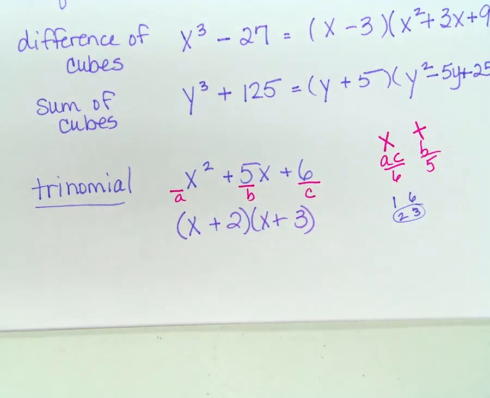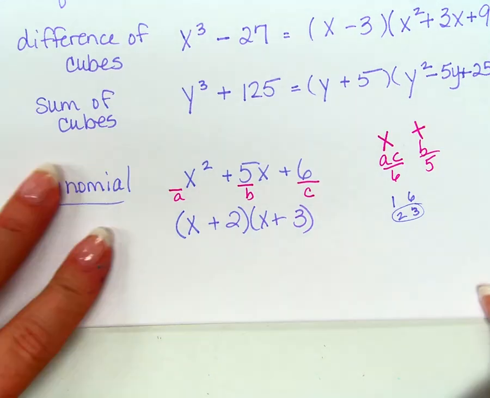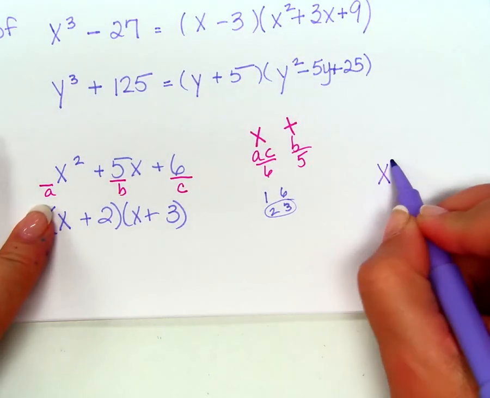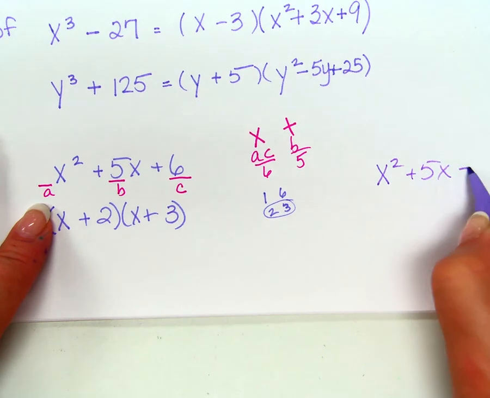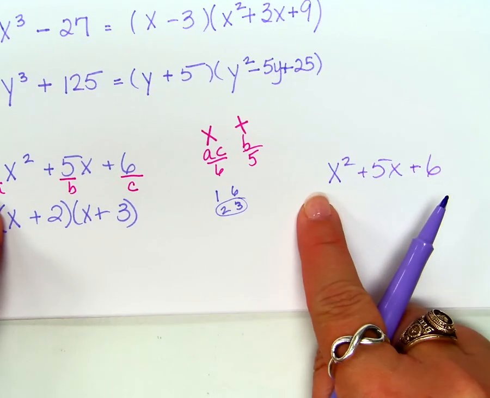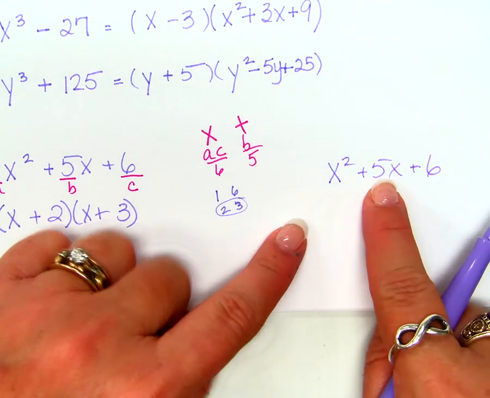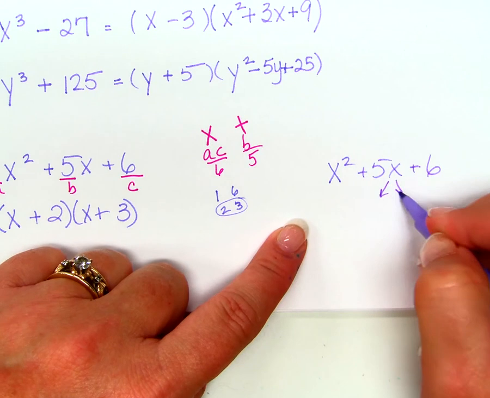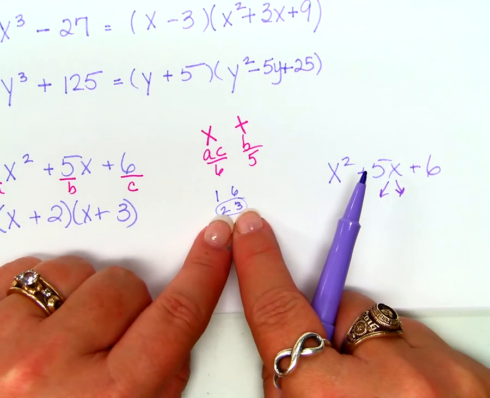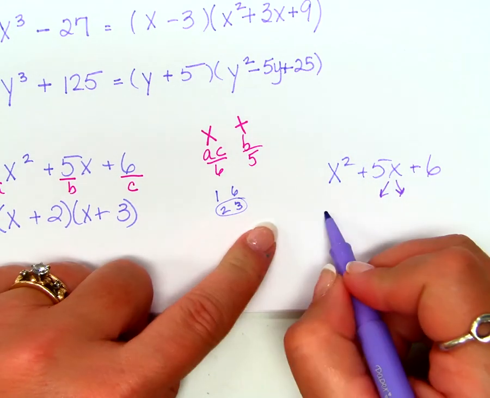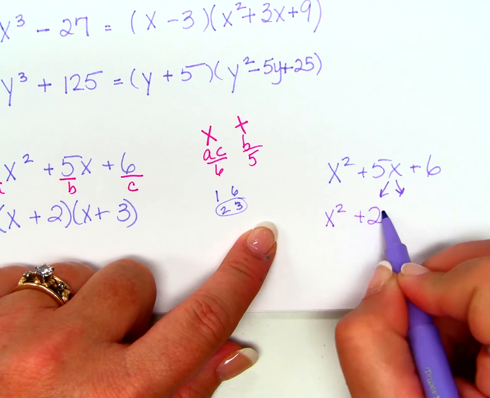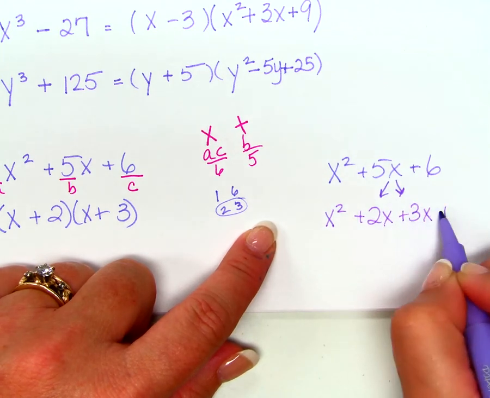If A is not 1, do you remember what we had to do? Okay, so if we started with x squared plus 5x, we're just pretending for a second that A is not 1. We all know that A is 1. We had to split this middle term into two parts. And these two numbers are what determine the two parts. So we had x squared plus 2x plus 3x plus 6.